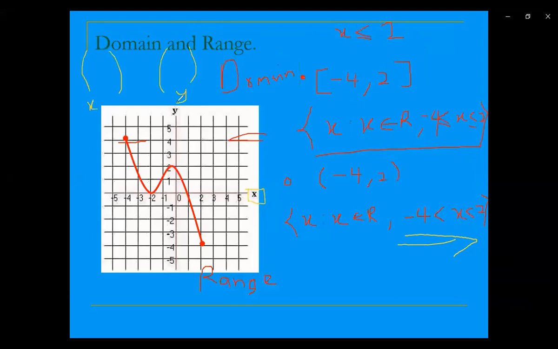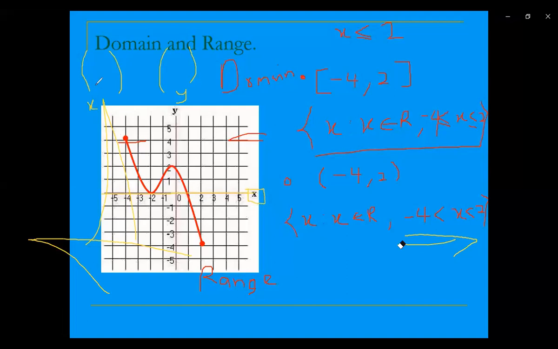Now, when we come to the graphical representation, this is the X-axis. So the X-axis contains the values of X, and the Y-axis contains the values of Y. When it comes to the graphical display, if we want to determine the domain of a function, it will be the values of X for which you can find the graph.